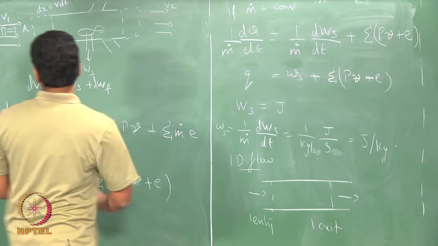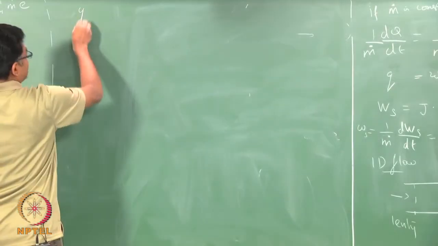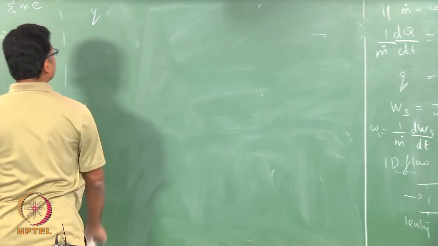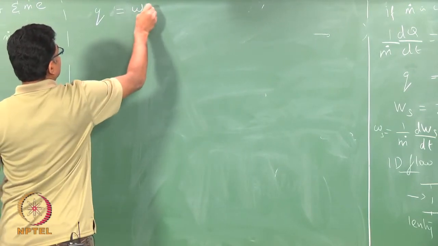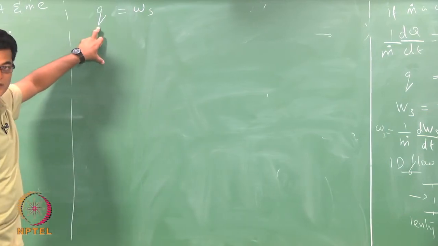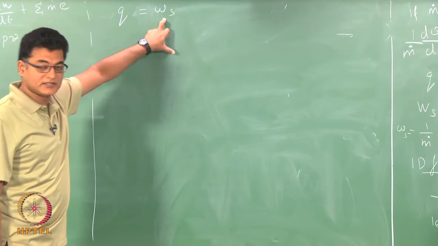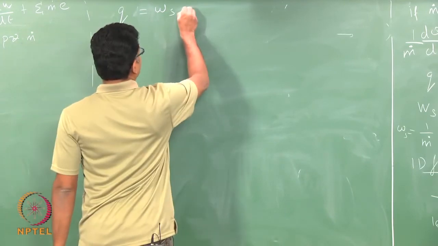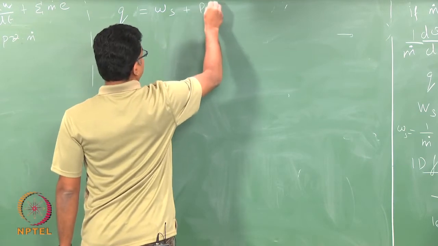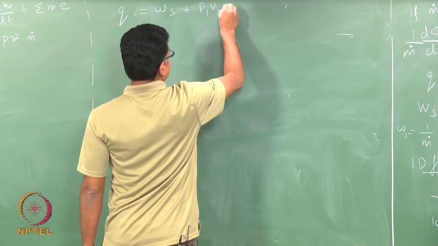Now, if I rewrite that, Q equals Ws, remember, this is the heat input, this is the work done by the system, plus P1 V1 plus E1.